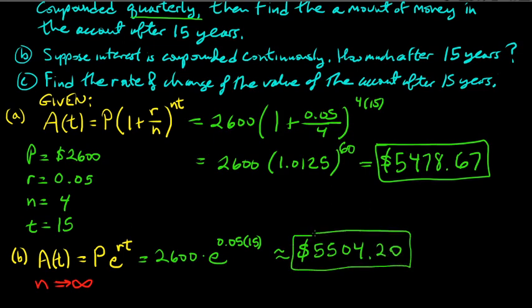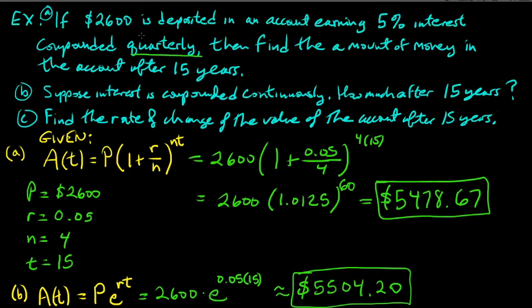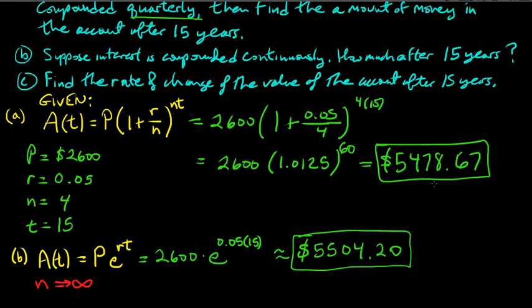There are no rounding issues here, I think. So it's about $26 more. When you compound continuously you do get more money, but surprisingly, maybe not that much more, just 26 bucks. Not a big deal, as opposed to compounding quarterly.